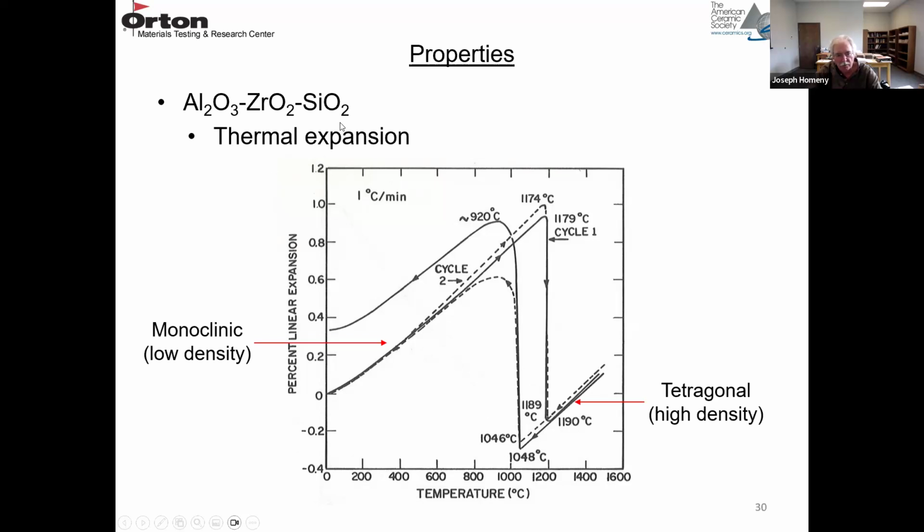But in an AZS refractory, we're staying with a high temperature material. So we're using the glass phase to cushion this. We're allowing the transformation from monoclinic to tetragonal to take place. Whereas when we talked about zirconia refractories, we're keeping it all in the cubic phase.